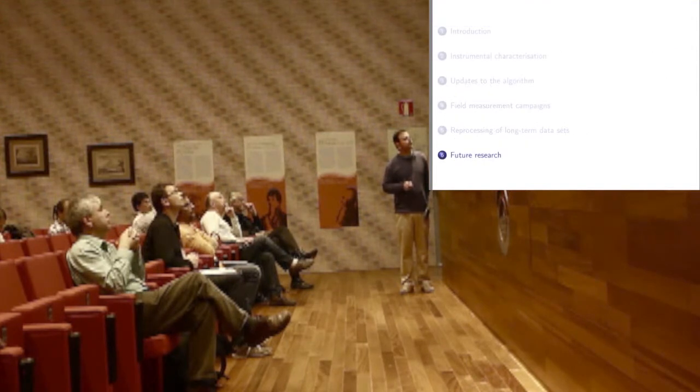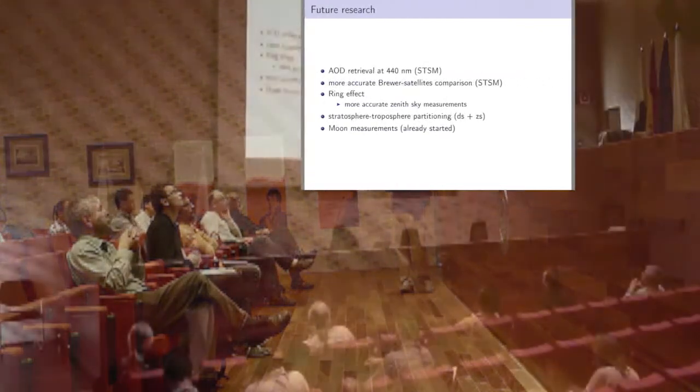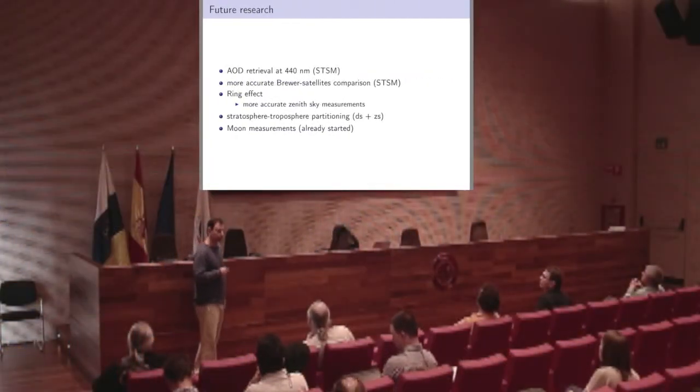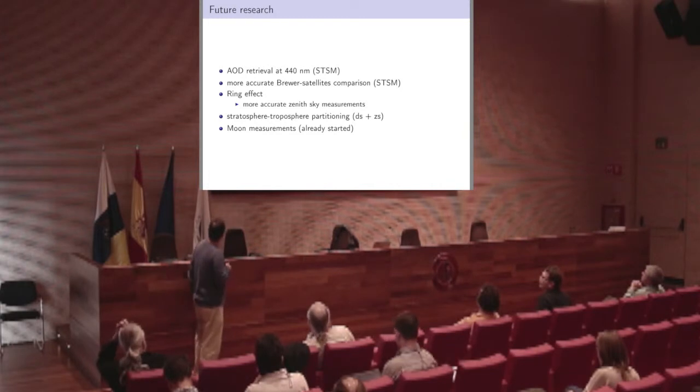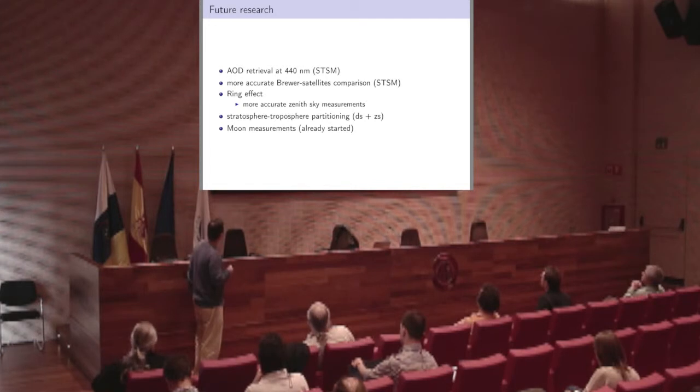Future research concerns the aerosol optical depth retrieval at these wavelengths, which is also retrieved by CIMEL photometers, and a more accurate Brewer and satellite comparison. These 2 activities will be done during a short-term scientific mission in the UBrewNet framework.